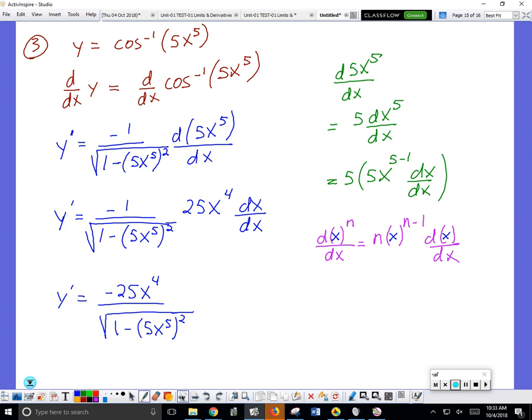To square something does not mean just apply the 2. That makes no sense either. Squaring means multiply by itself. So this is really 5x to the 5th multiplied by 5x to the 5th. So you'd have 5 multiplied by x to the 5th multiplied by 5 multiplied by x to the 5th.